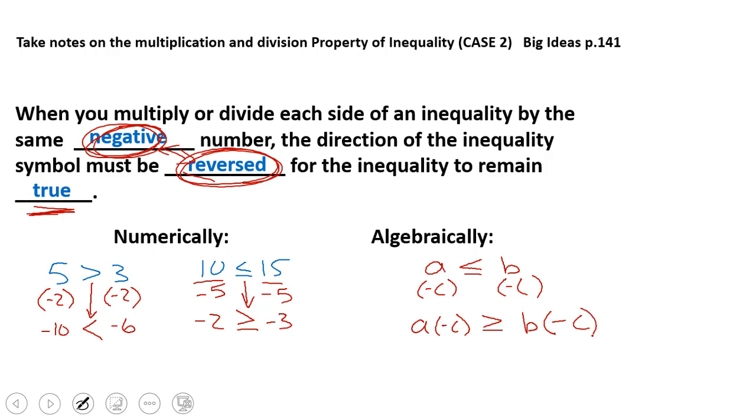We would reverse that inequality symbol. You're going to see me draw that arrow showing the reversal of the inequality as we do this. And of course, A being greater than B, if I divide by a negative C, I would get A divided by a negative C is less than B divided by a negative C. I must reverse that inequality symbol for that statement to be true.